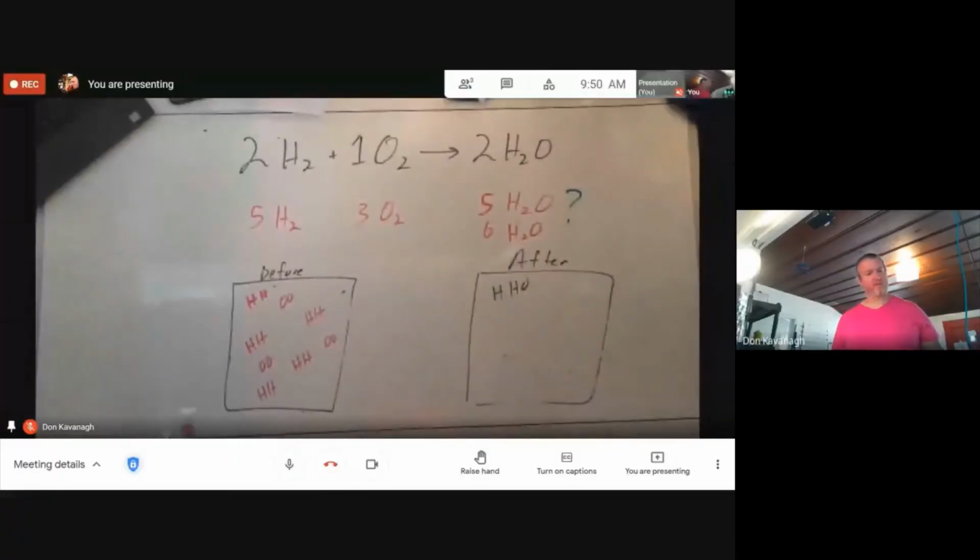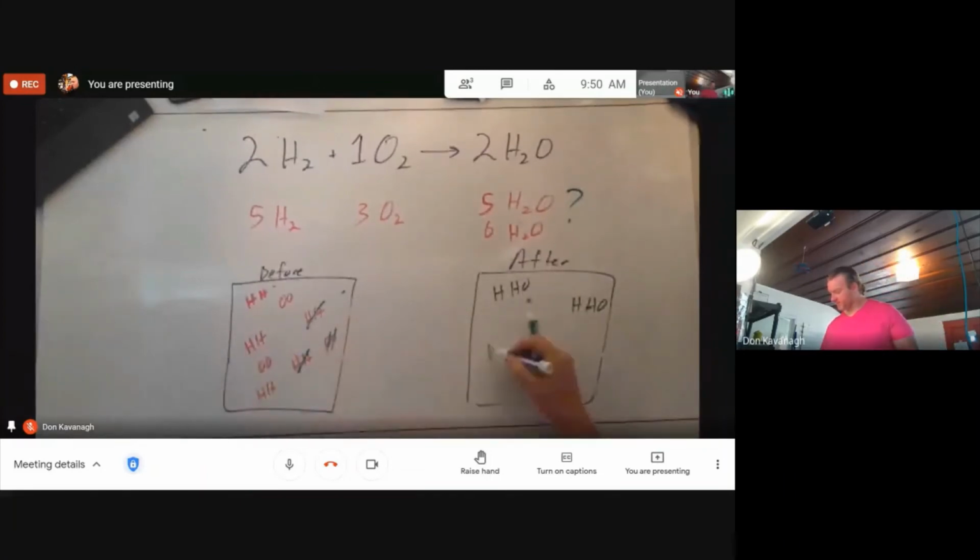I'm just randomly crossing them out as an accounting to keep my ducks in a row. What if another water was produced? H2O. I still have some more left, so we can make another water. Another one still.